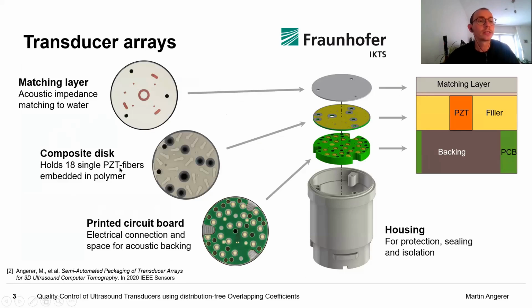On the front side of this disc, a matching layer is applied to match the acoustic impedance of the PZT fibers to water, and on the back side a printed circuit board is connected, which allows electrical connection and holds space for acoustic backing. The stack is then integrated into a plastic housing for protection and sealing.